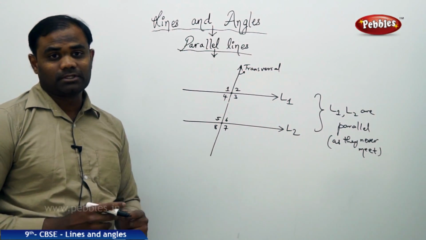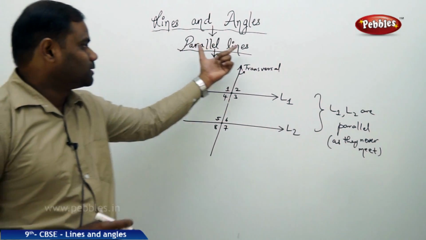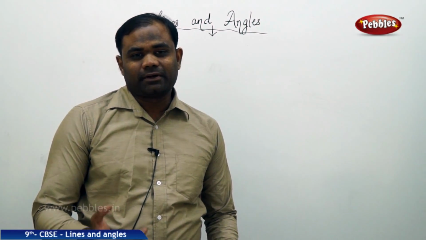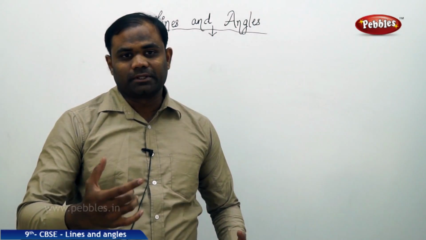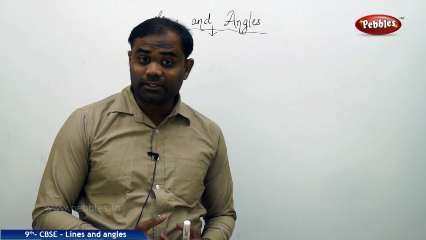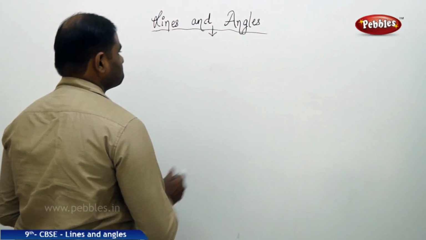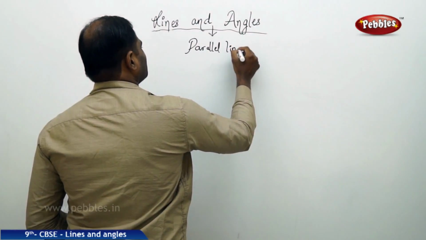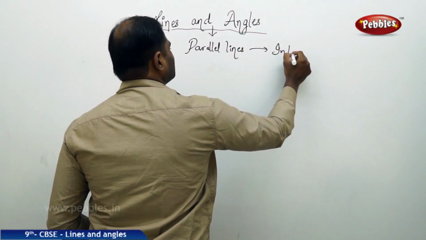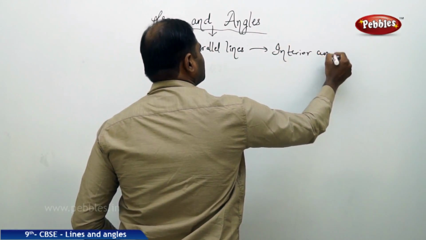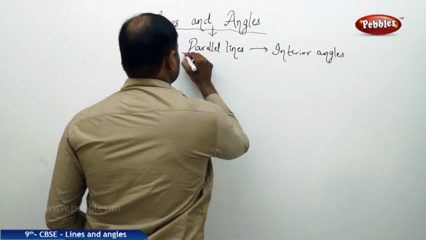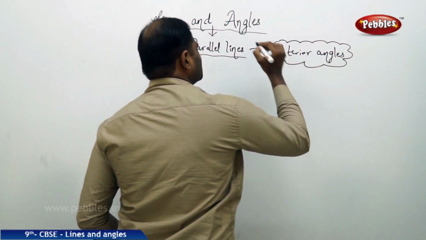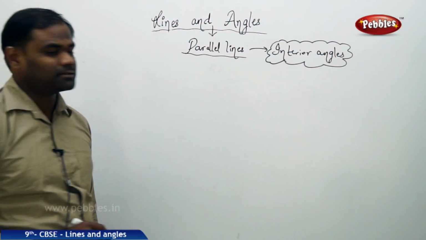And let's see how the properties are related with the parallel lines and the transversal. So let's see the interior angles in the parallel lines. To start with, the first property related with interior angles. So parallel lines connected with interior angles is what we are going to discuss in the session.